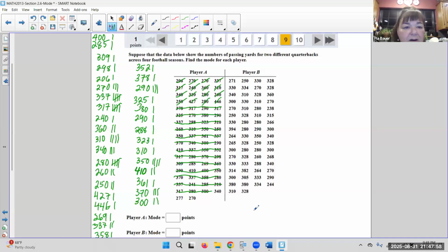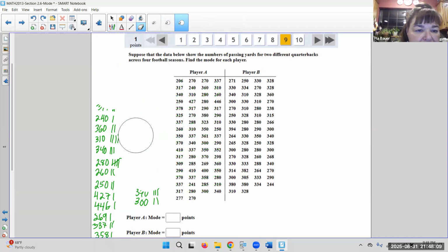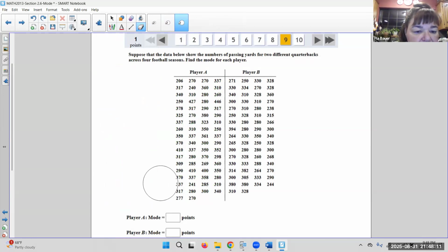So I think I would prefer to put the data into the calculator. I did my best, but it was still hard, and it's time consuming to put it into the calculator. But once you put it in, it will put it in order and you can count that.